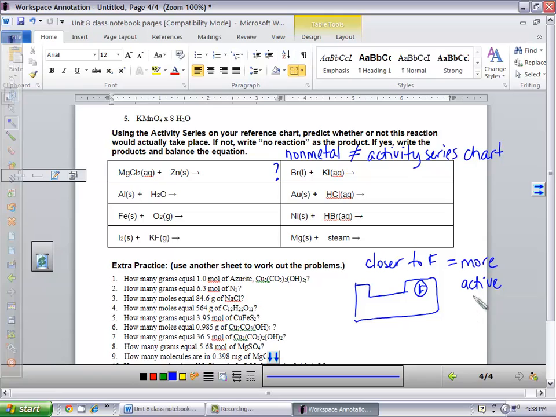And more active nonmetals, okay, they get to be in the bond because they're more active. All right, so is bromine or iodine closer to fluorine? Well, bromine is. So that means bromine's going to be in the bond.